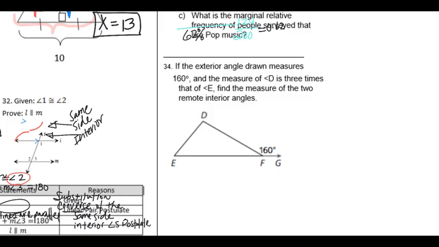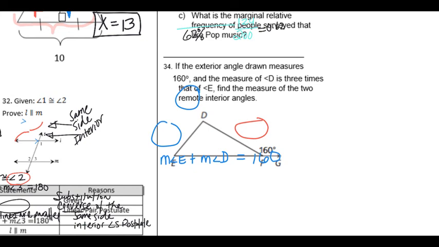Number 34 is another exterior angles theorem problem. Okay, so we have the exterior angle, which is 160 degrees. And we need to add angle D and angle E together. So measurement of angle E plus the measurement of angle D equals 160 degrees.